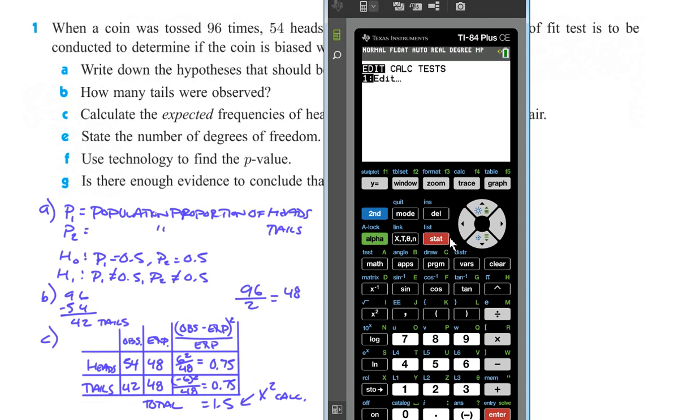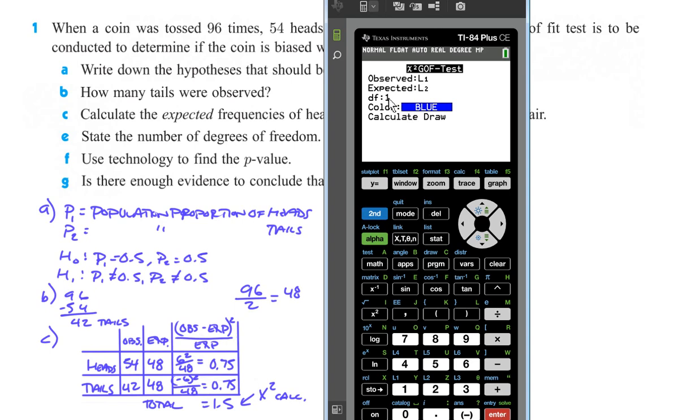Then we're going to do STAT, go over to TEST, and then go down to chi-squared GOF, goodness of fit test, which is down here a little bit. There it is. And here's what we do. We push enter. All the observed data is in list 1. All of the expected is in list 2.